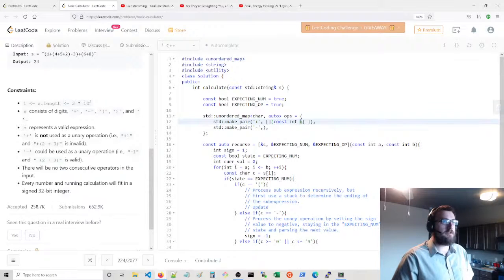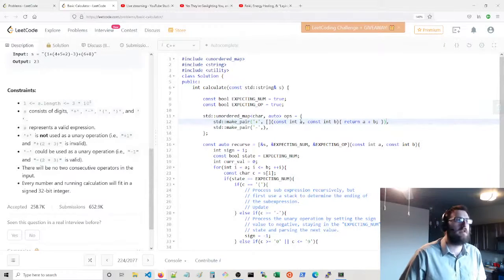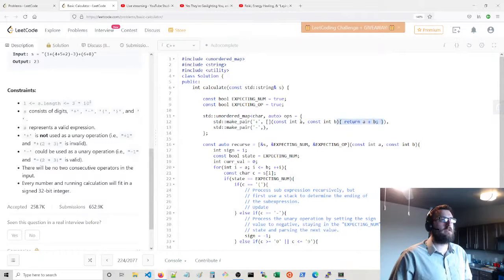We just have const int a, const int b, return a plus b, and yeah, lambda expression there, and then the same deal here. And this is a minus b.